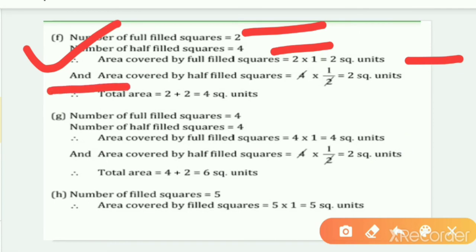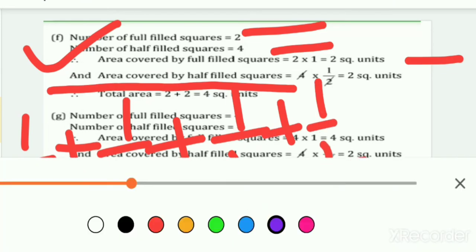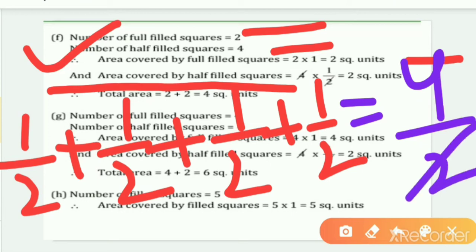Area covered by half filled squares will be, I have already told you how many half filled are here, 4. So you can either add them, because one half square is having area 1 by 2. So 4 are there, so either you add them like this, it will be 4, 1 are there, so 4 and 2 twos, it will be 2.